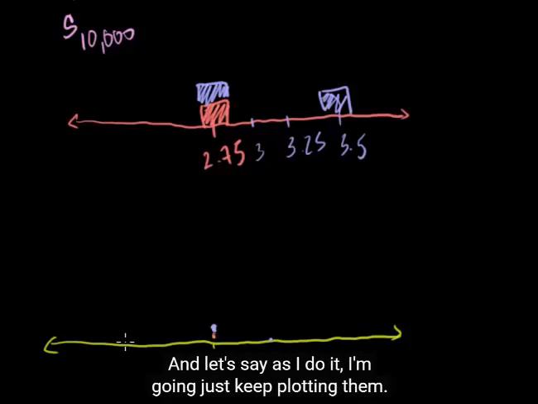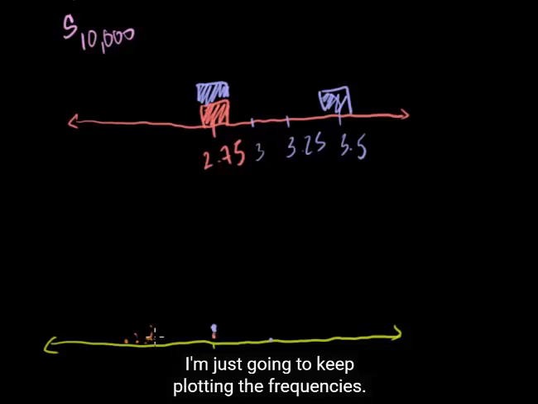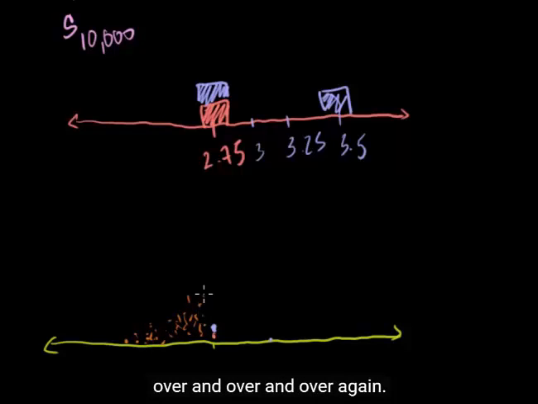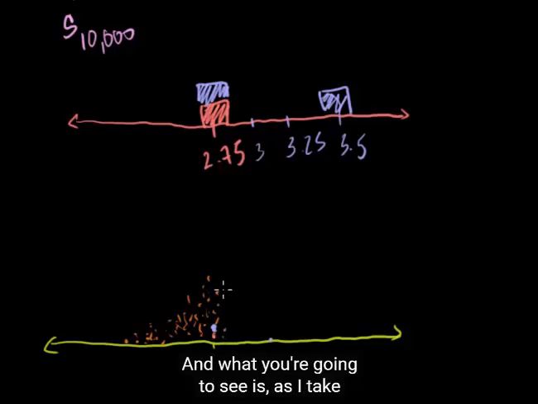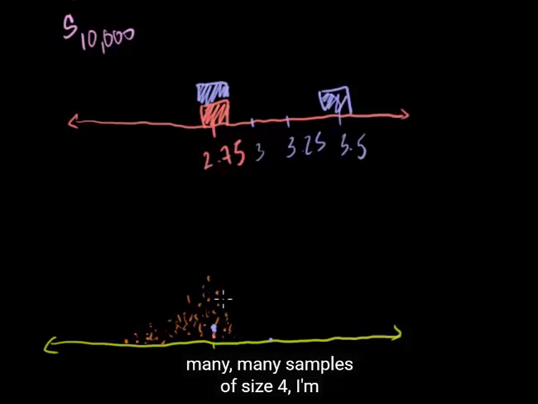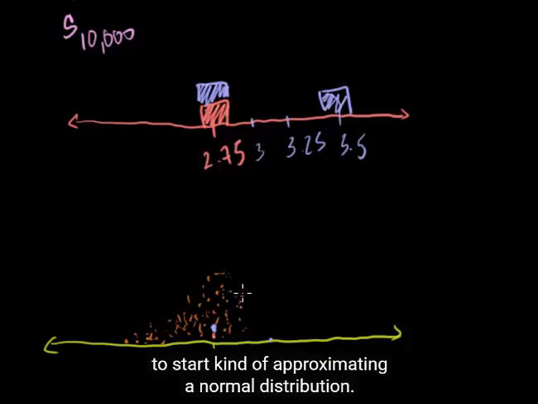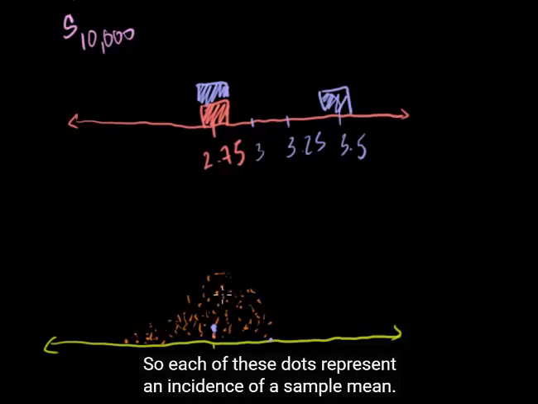And as I do it, I'm just going to keep plotting the frequencies over and over and over again. And what you're going to see is, as I take many, many samples of size 4, I'm going to have something that's going to start approximating a normal distribution. So each of these dots represents an incidence of a sample mean.